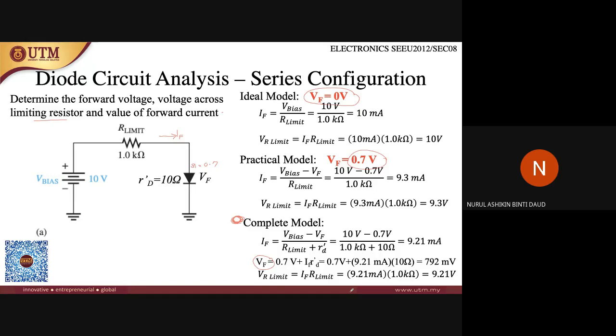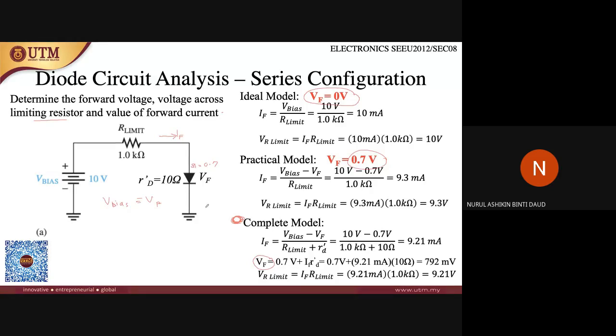reverse bias. Because if it is reverse bias, currents cannot flow inside this. So it means that the value V bias, in this case, will be the same as VF minus, if it is in a reverse bias condition. So no current, IF will be 0, right?